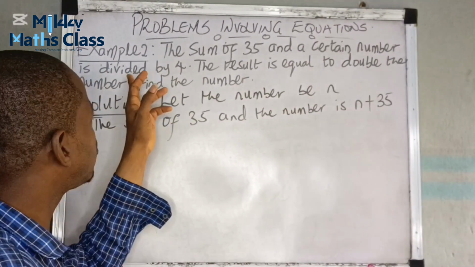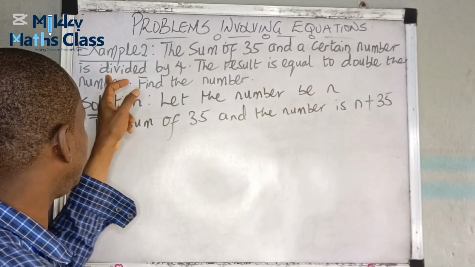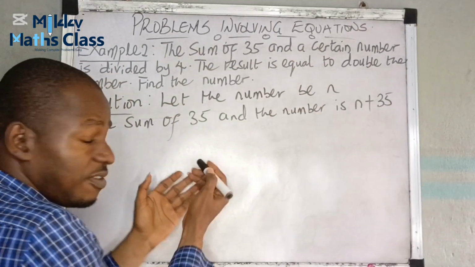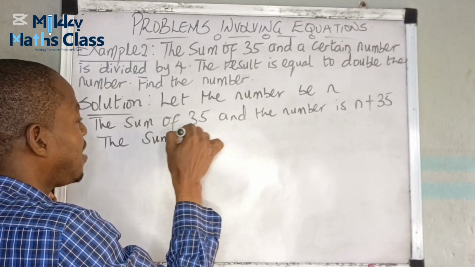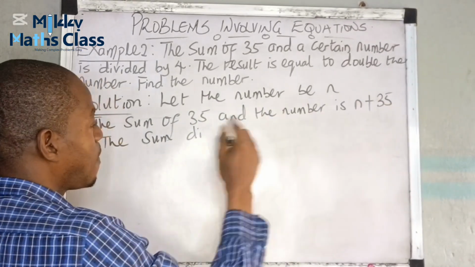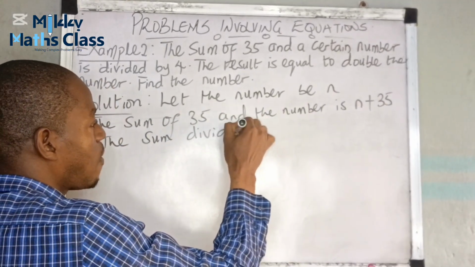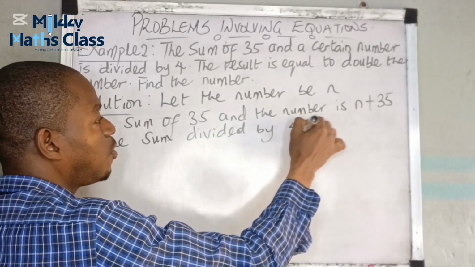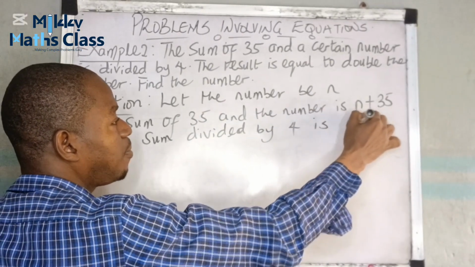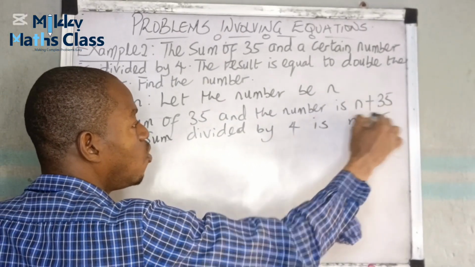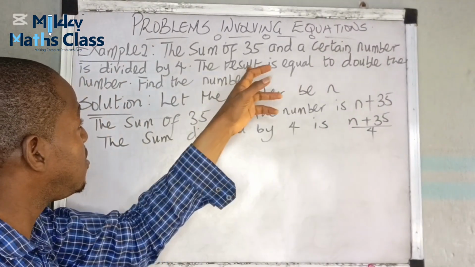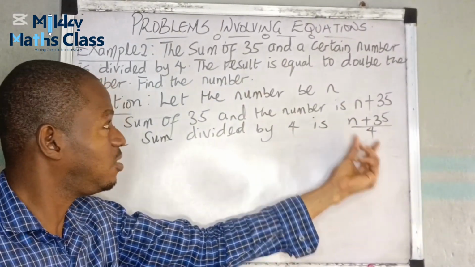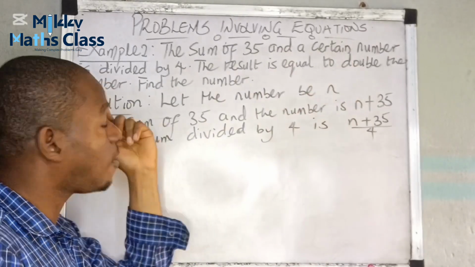Now, the sum of 35 and a certain number is divided by 4, that's this sum divided by 4, which will give us n plus 35 over 4. Now, it says the result of this division is equal to double the number.